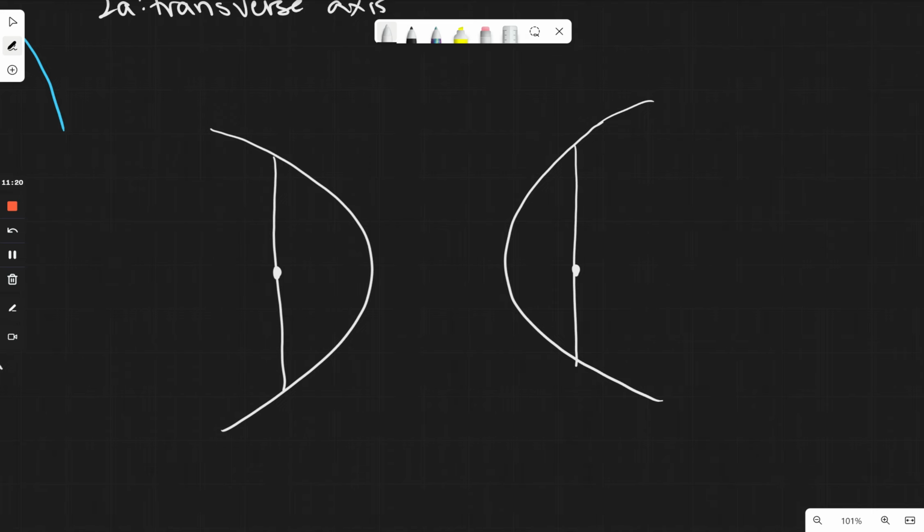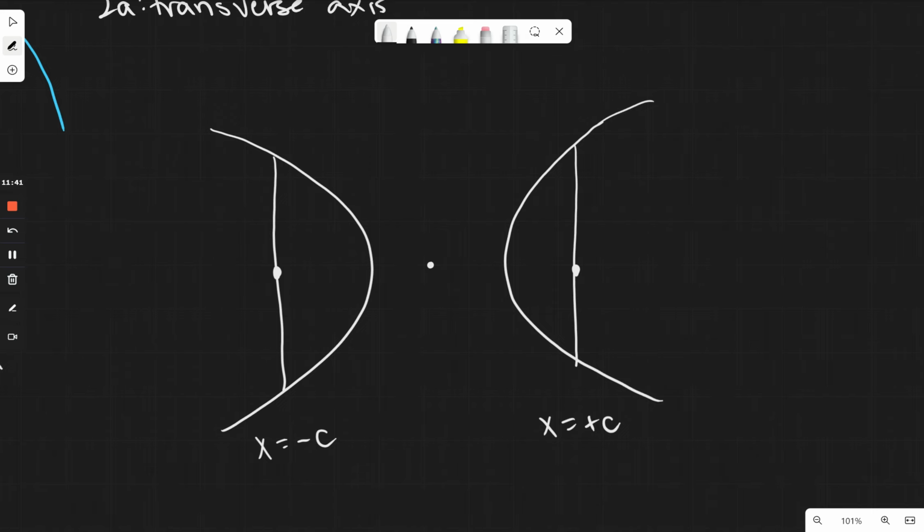So as you can see, the x-coordinate of this latus rectum, this entire thing, relative to the center, is always going to be negative C for the left one, and positive C for the right one, because the y-coordinate isn't changing.